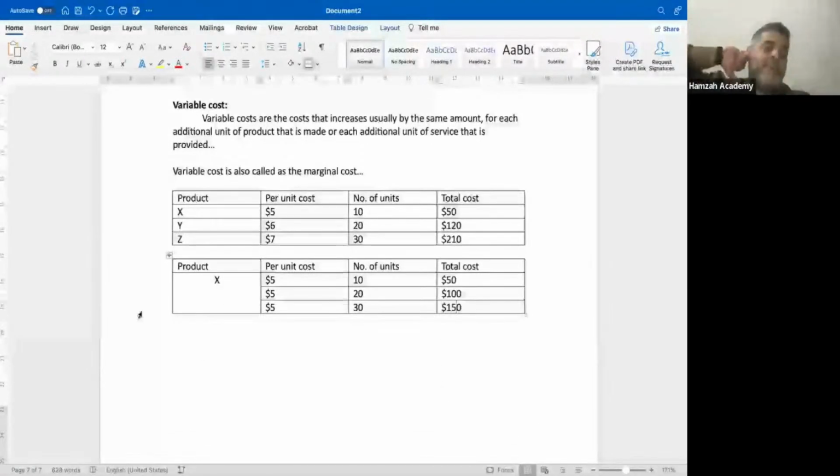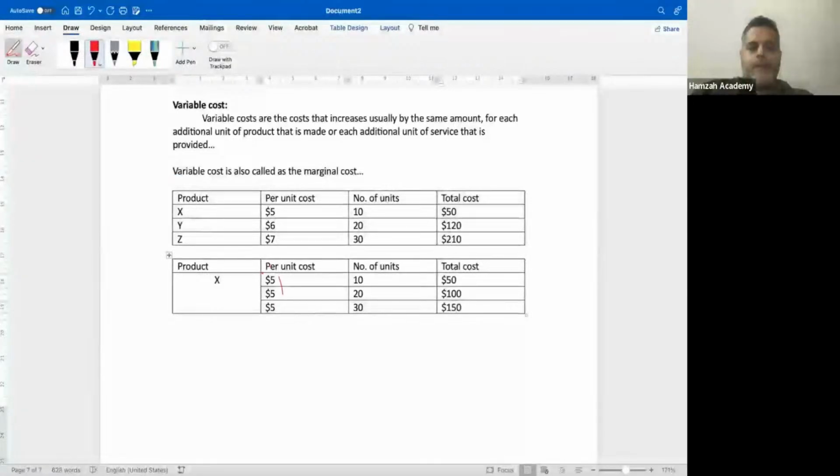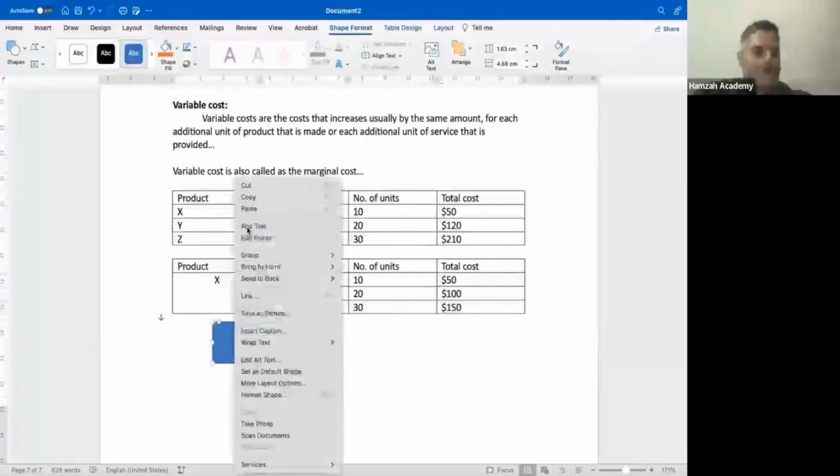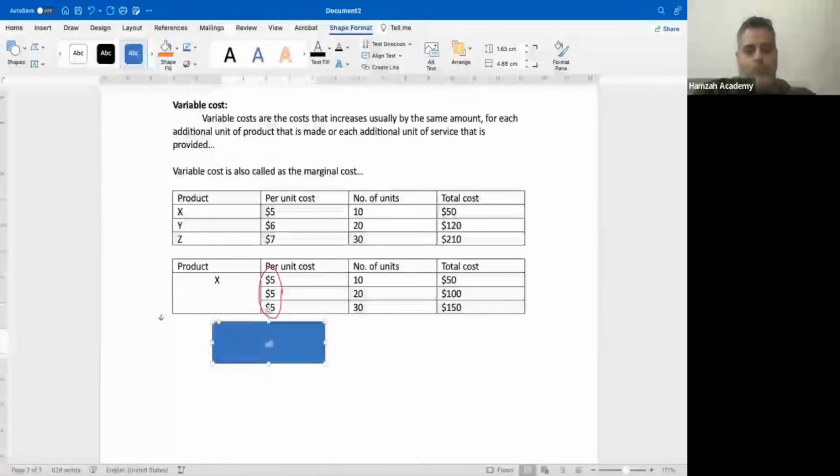So what is happening over here? If I look, I can simply say that my variable cost remains the same per unit, right?